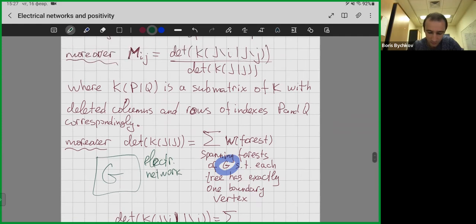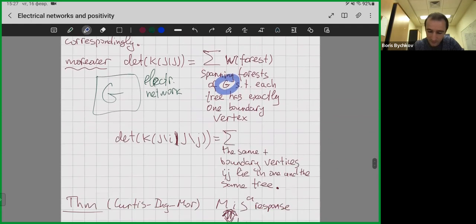And in the numerator of this fraction, this guy is also a sum over spanning forests, just the same as in the denominator, but one connected component, one tree, has two boundary vertices, I and J. These guys I and J. And again, this notation means that we delete columns and rows with indices in the set J capital minus I small and J capital minus J small.